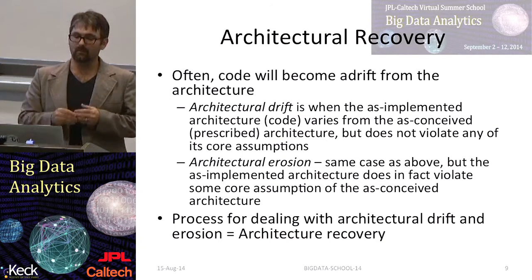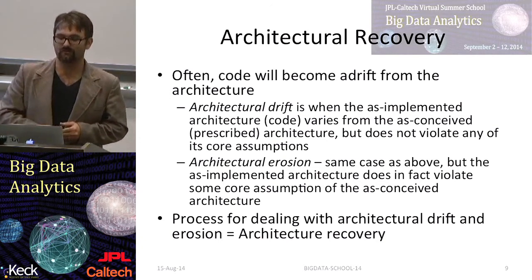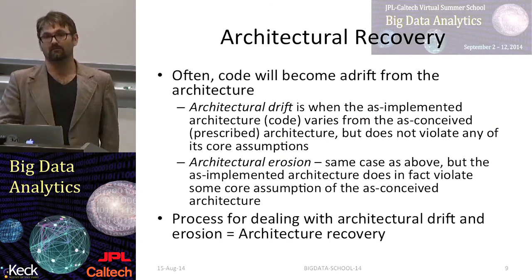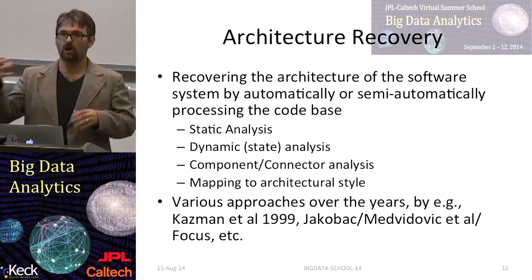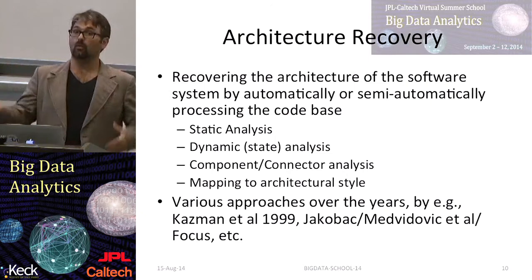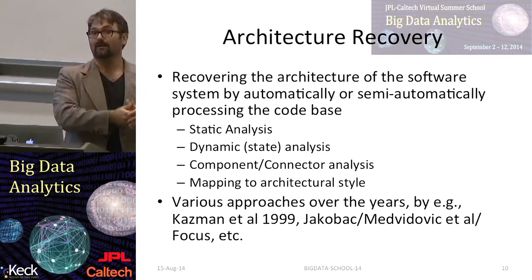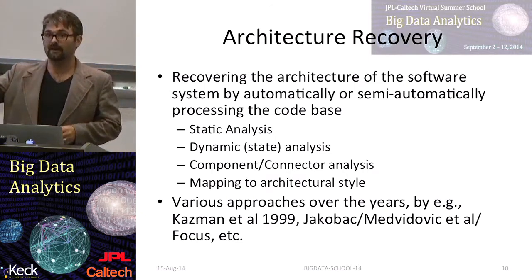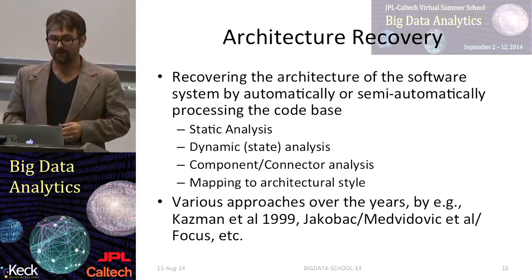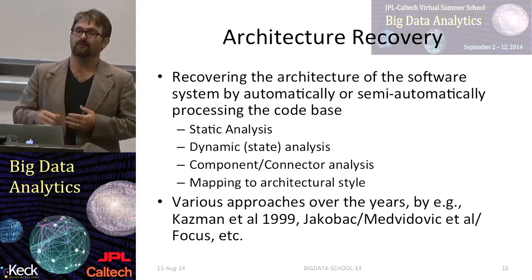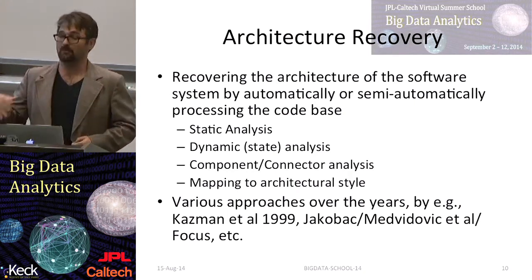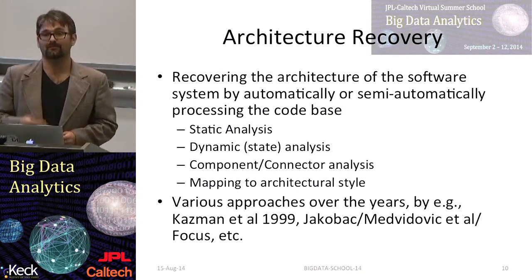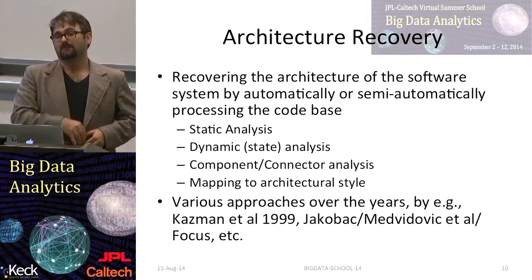Either way, there are processes for dealing with architectural drift and erosion, and that process is called architecture recovery. Basically, architecture recovery is the act of recovering the architecture or an architectural model, an instance of an architectural model, from the as-implemented architecture or from the code. And this is the best way to ensure that we actually know what the true architecture of the system is, because the code is the most living canonical representation of your software system, period, right?